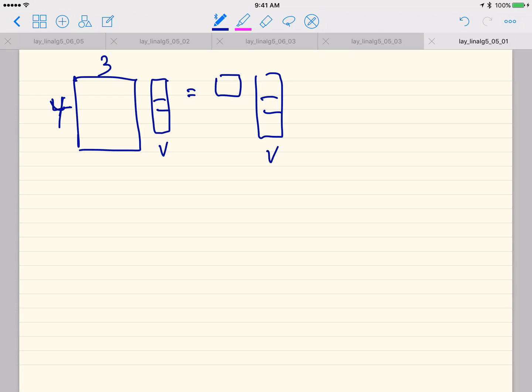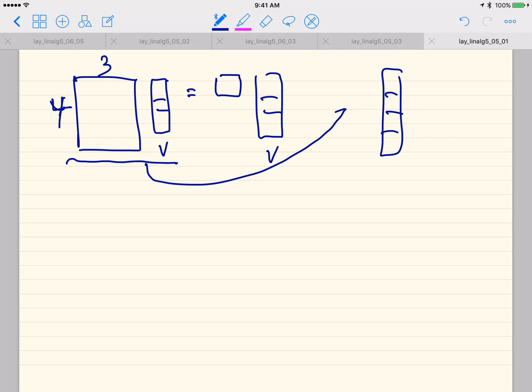After multiplying, you will have a 4-dimensional vector, so you cannot even think about the same vector dimension at all. That's why we only consider the square matrix when talking about eigenvalue and eigenvector. That is quite basic but a really important part.